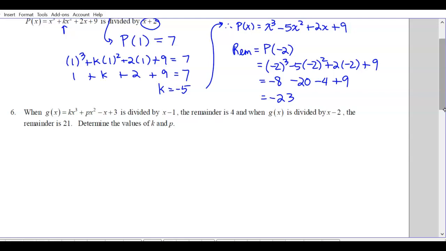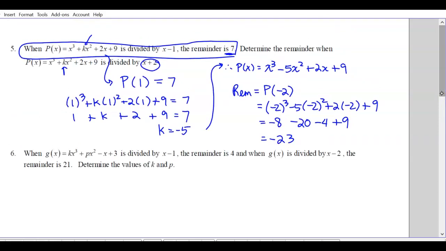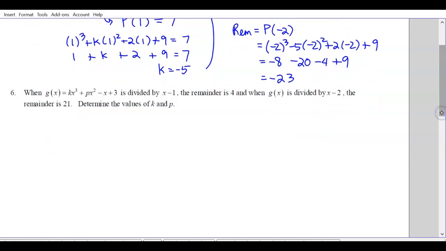Back here, we were given one situation, and we had one unknown, but one equation, so we could solve for k. Here we'll have an equation in terms of k and p for the first part, and then another equation in terms of k and p for the second part. So that's a system. Back to math 10, where you can solve that system of equations.